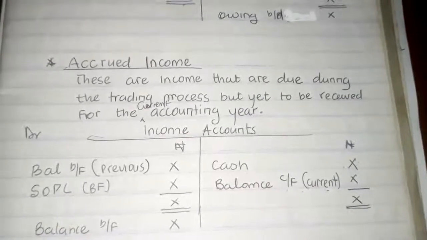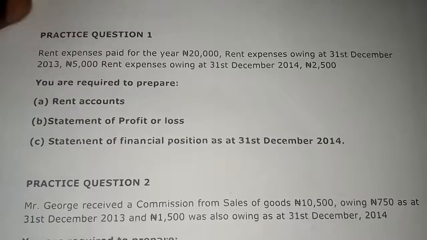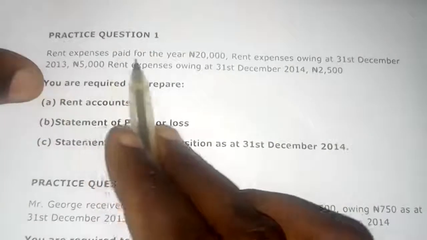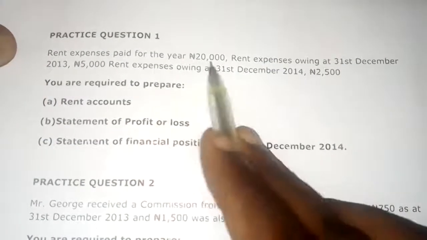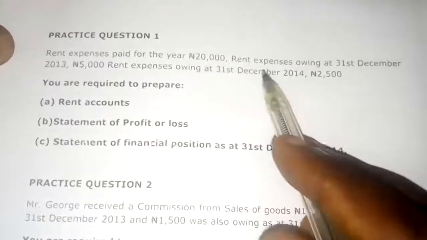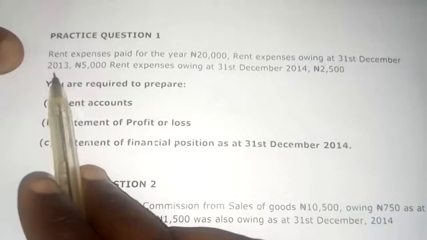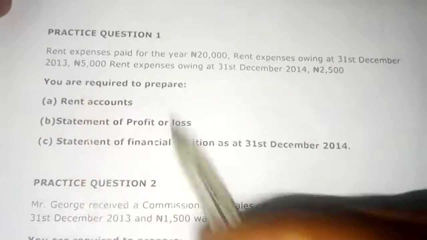All right, class. So let's try a practice question. Look at this practice question 1. Rent expenses paid for the year 2014 is 20,000 naira. Rent expenses owing at 31st December 2013 is 5,000. Okay, write it down.